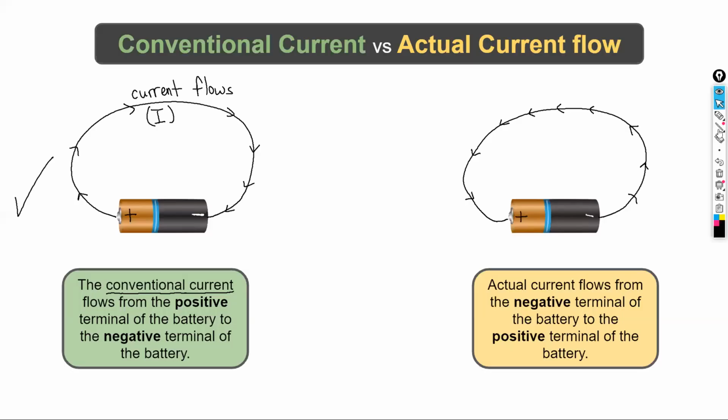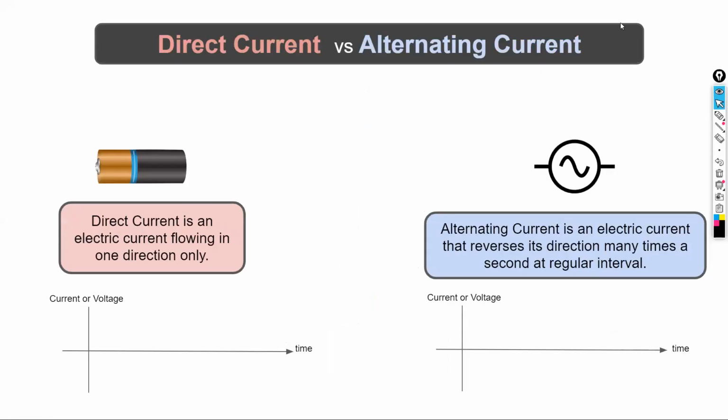Let's see what's next here now. All right, so remember before we were talking about direct current and alternating current, right? Direct current is when the current flows in one direction.